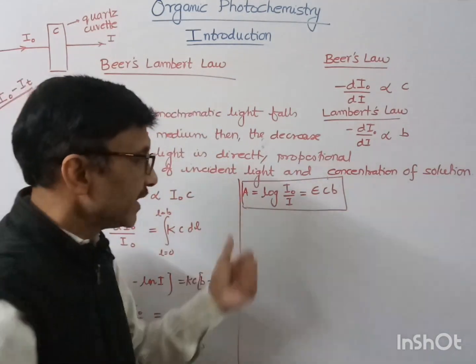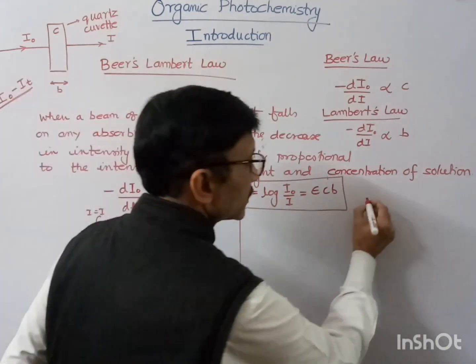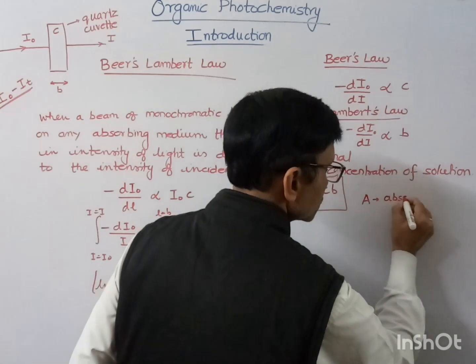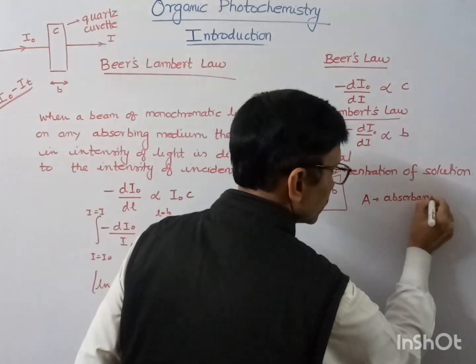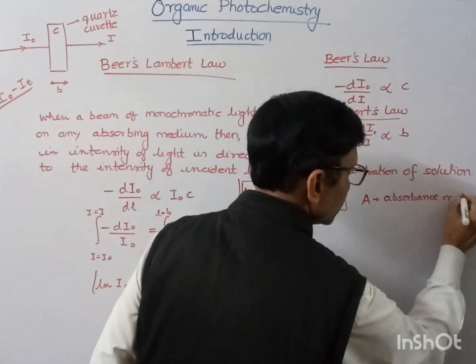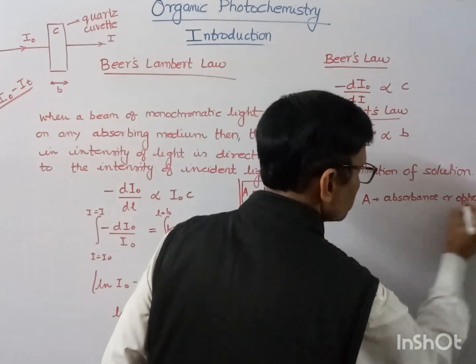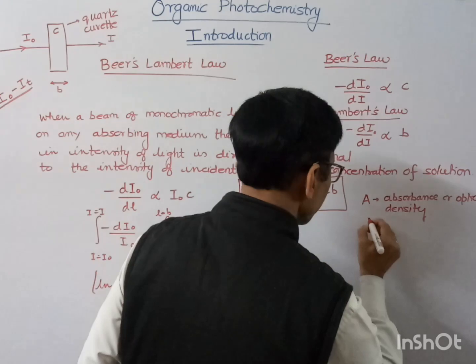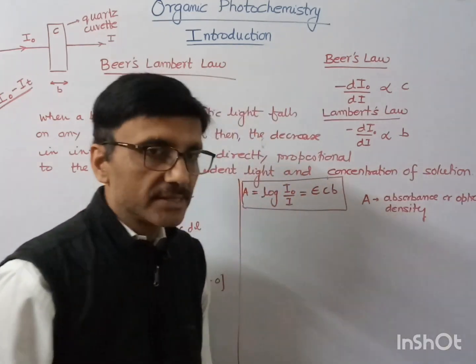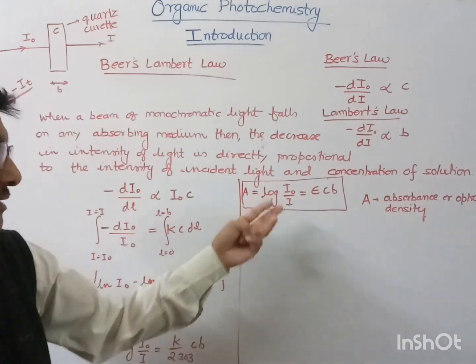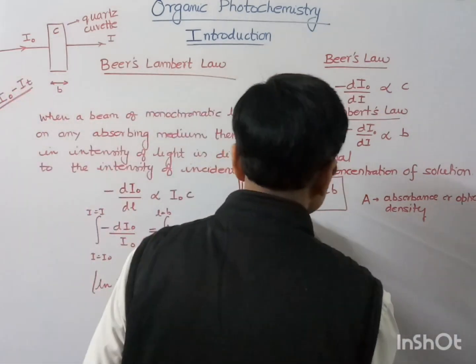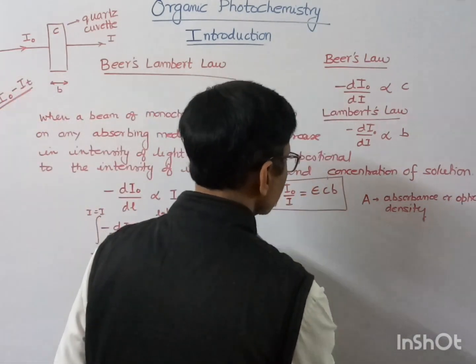Here, A is called the absorbance, or optical density. I naught is the intensity of incident light, and I is the intensity of the transmitted light.